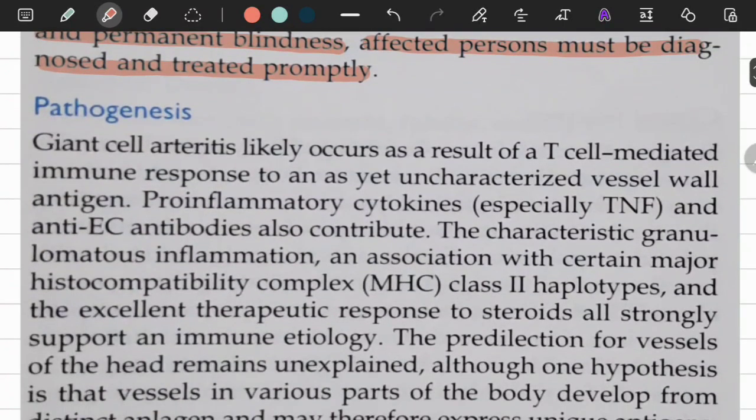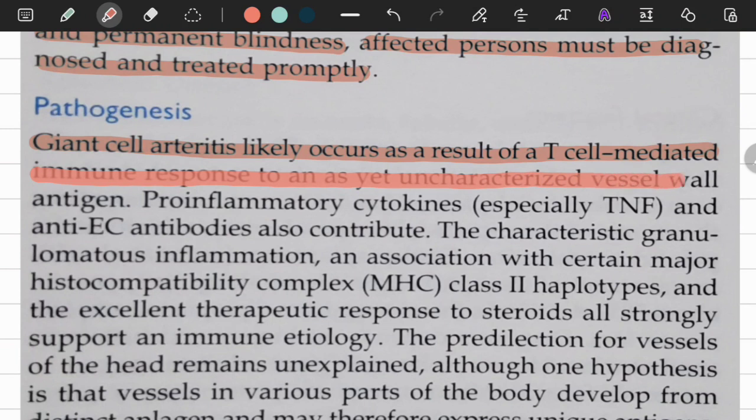Now let us talk about the pathogenesis. Giant cell arteritis likely occurs as a result of a T cell mediated immune response to an as yet uncharacterized vessel wall antigen. Pro-inflammatory cytokines, especially TNF, and anti-endothelial cell antibodies also contribute.